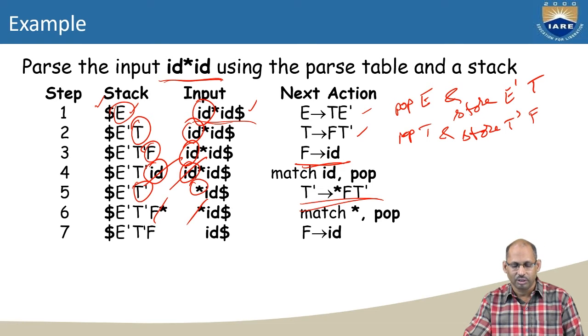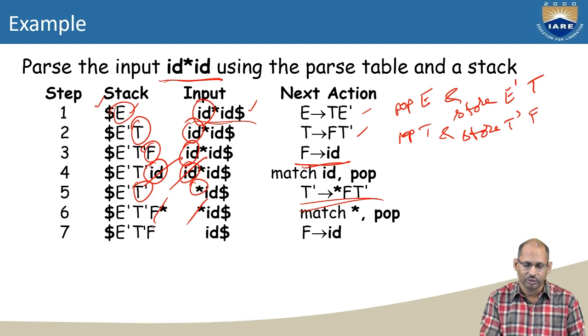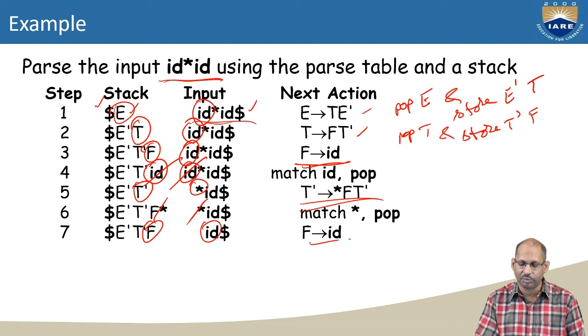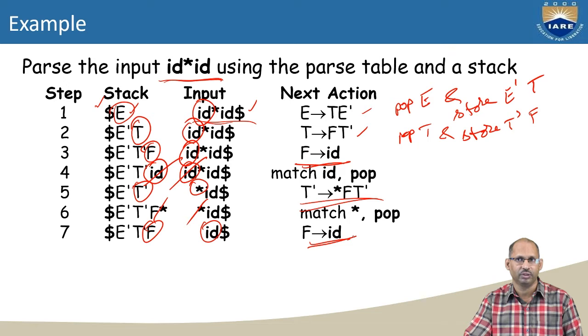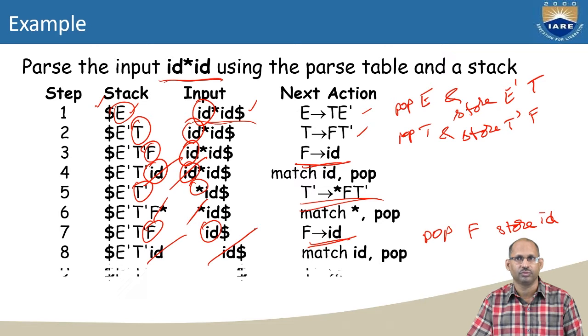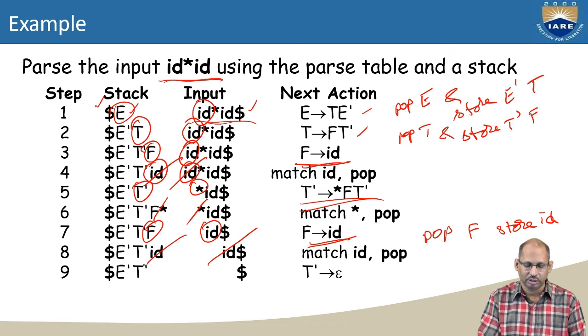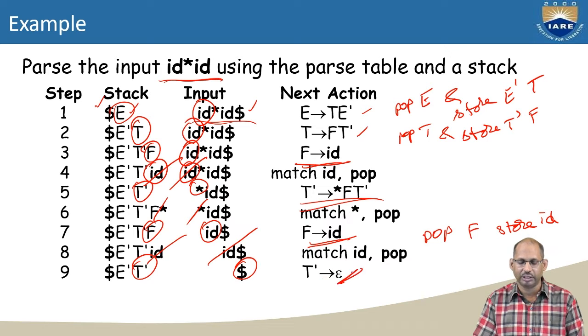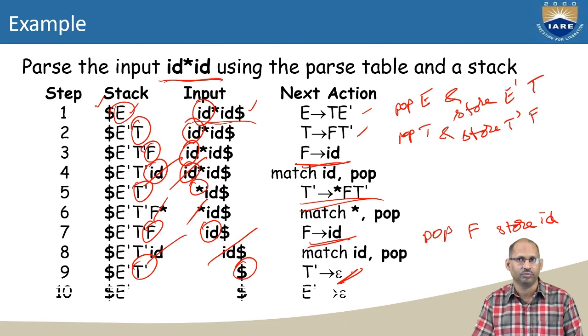Then F and ID. F and ID in the table is F gives ID. Right? So pop F, store ID. Remove this ID and ID. Next, T dash and dollar sign, which is T dash gives epsilon.